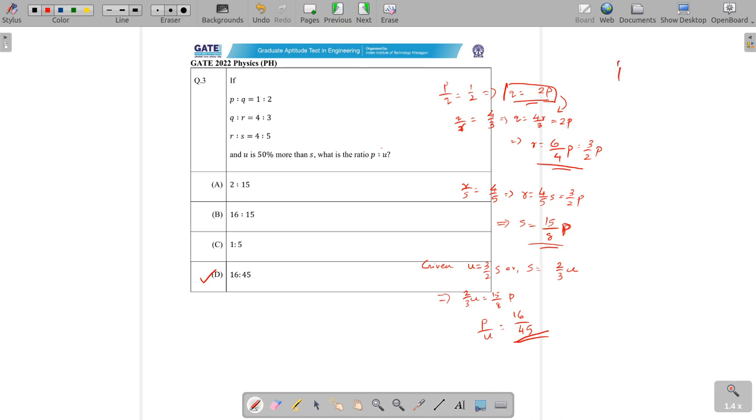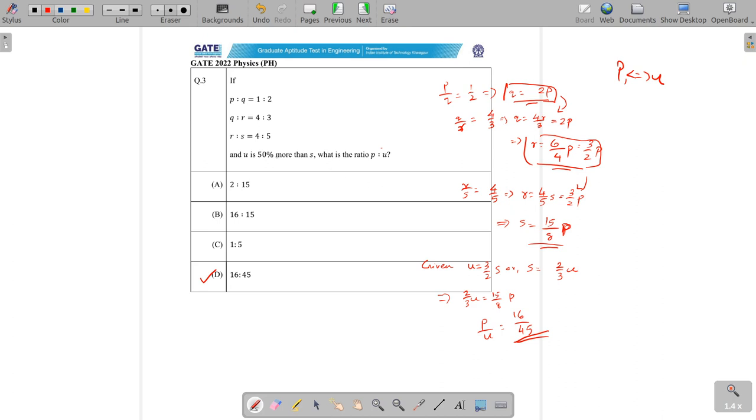So basically you want the relation connecting P and U. Now R is given in terms of P. In the next one, R by S is given. So now using this relation, you will get S is 15 by 8 P.